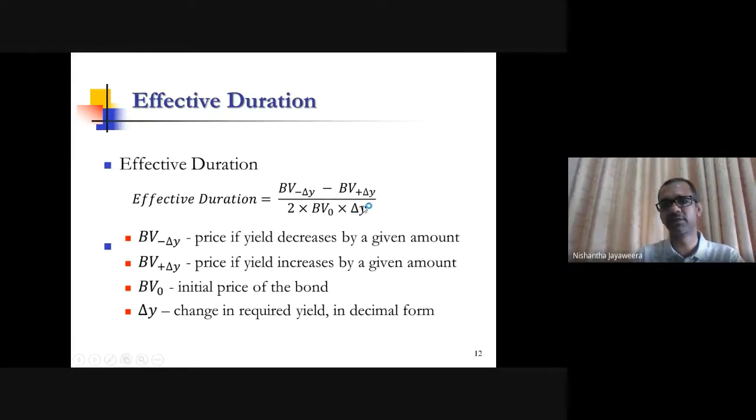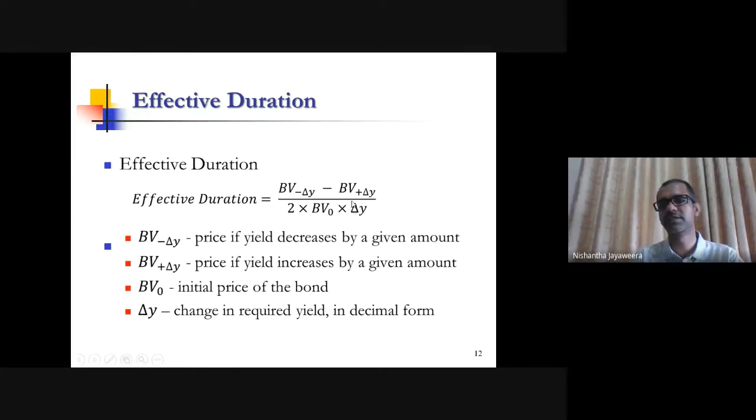If the yield increases, the price would be lower. And again we calculate the new price if the yield decreases by the same amount.